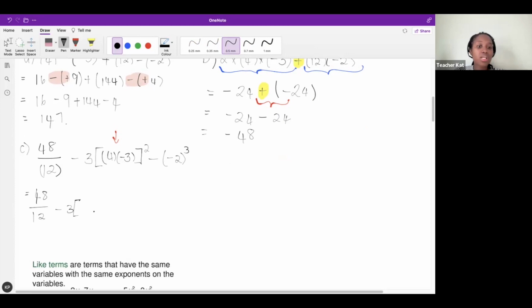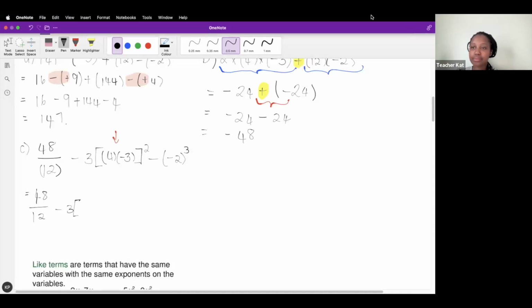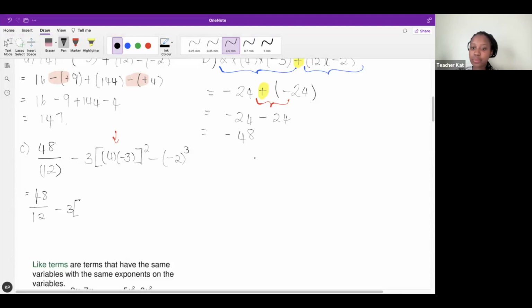Okay. What is a positive 4 multiplied by negative 3? Positive and a negative will give me a negative answer. Nice.